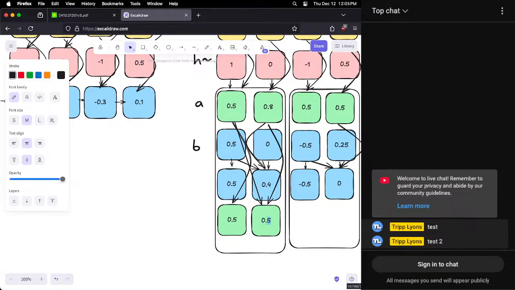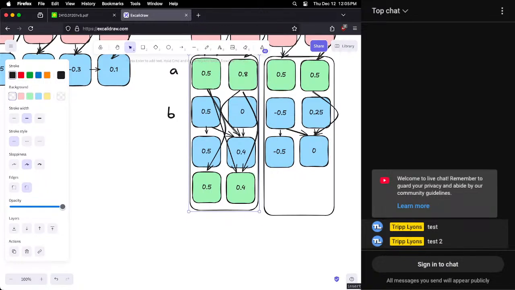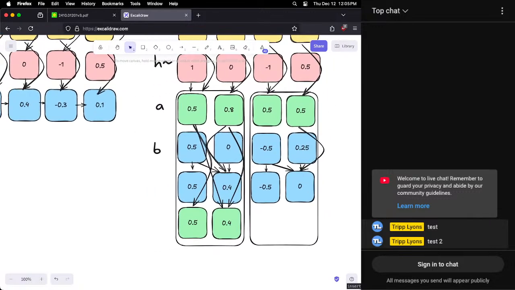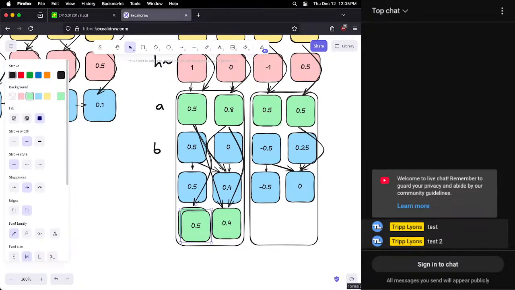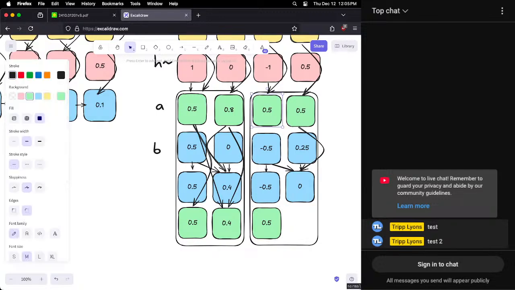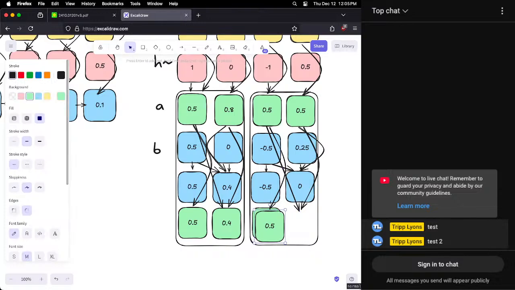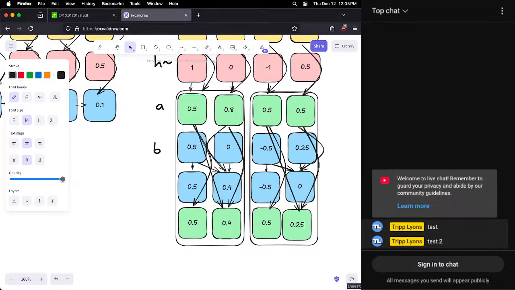Am I doing this right? Yes. I think so. Okay. Now we take 0.5, which stays the same. And then you multiply these two together. Get 0.25.